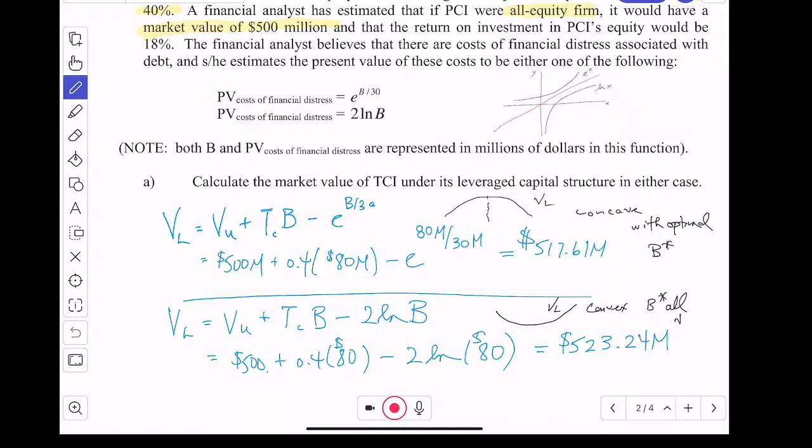So that's the function, and now it's a function of B. So what I need to do is take the first derivative and set it to 0 and solve for B. Because why?